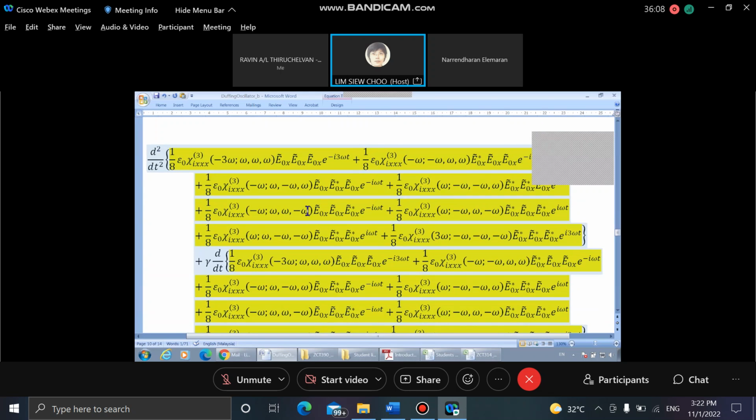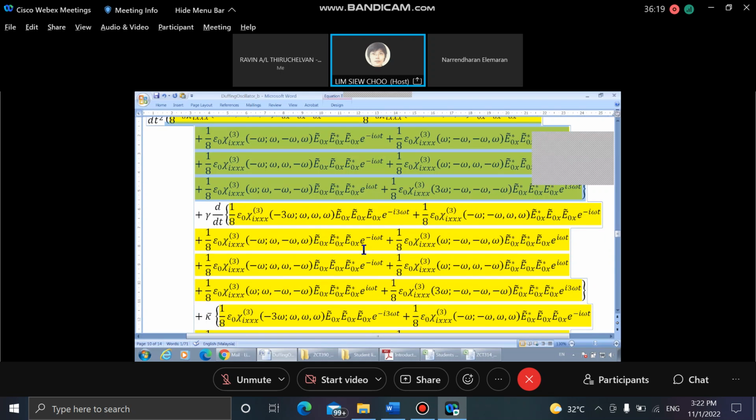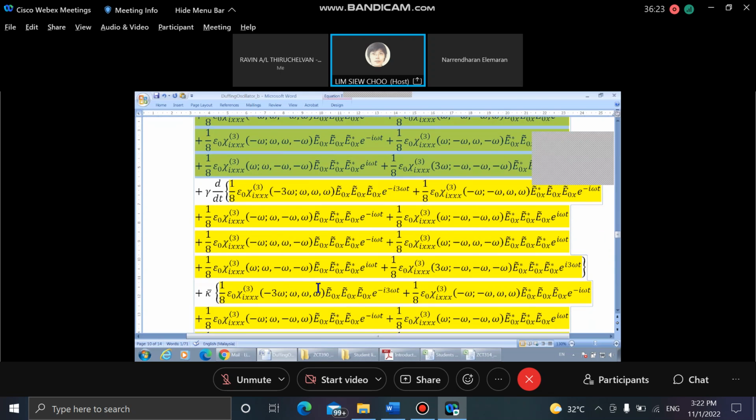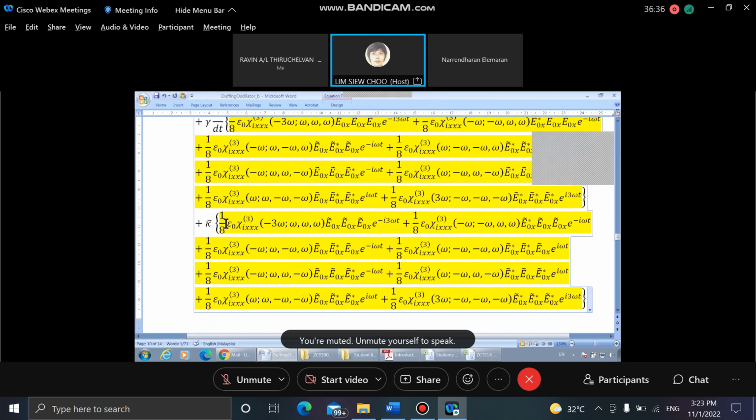All right, so this one is the second order time derivative. Okay, this is the first, this is a damping term. Even though I highlight it, it will take a long time. It's really consuming the memory of the system. Still cannot highlight. Okay, and then this is the restoring term.